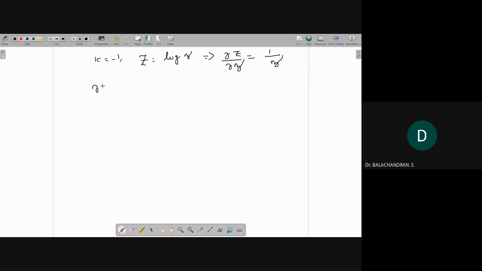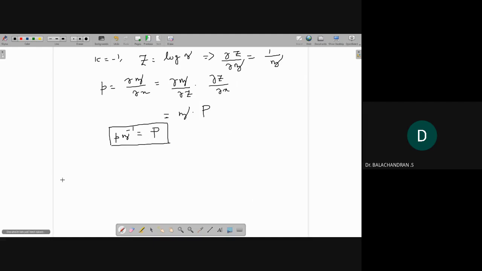Now small p equal to dou z by dou x, so this is equal to dou z by dou capital Z into dou capital Z by dou small x. What is this? This is equal to the reciprocal of 1 by z, so z into this is capital P. So small p divided by small z, or z power -1 into p, is equal to capital P.